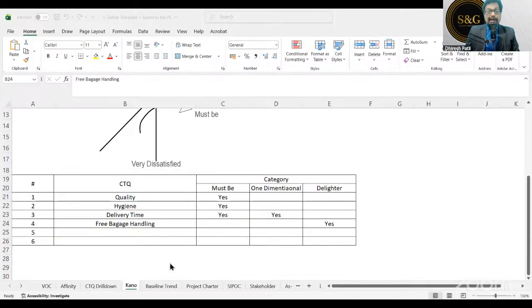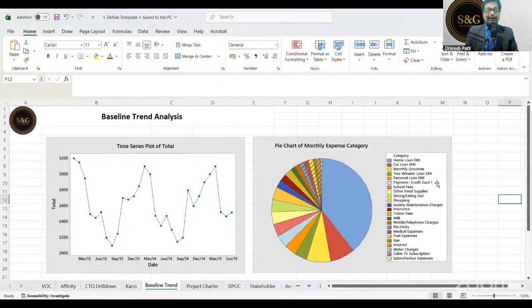Most of the time, about 80% of the time, you will get projects from VOB, voice of business. That's my experience, because management will tell you to do the project internally. That's where we should start from the baseline trends. What are baseline trends?